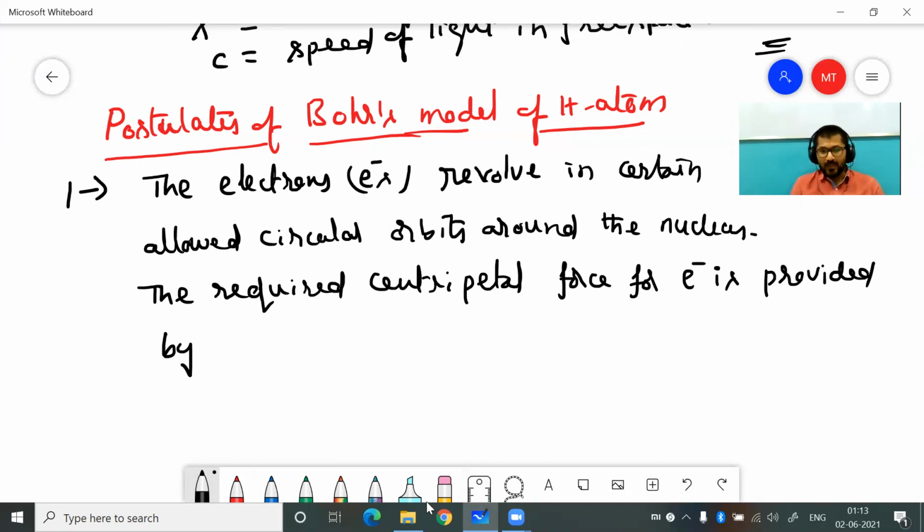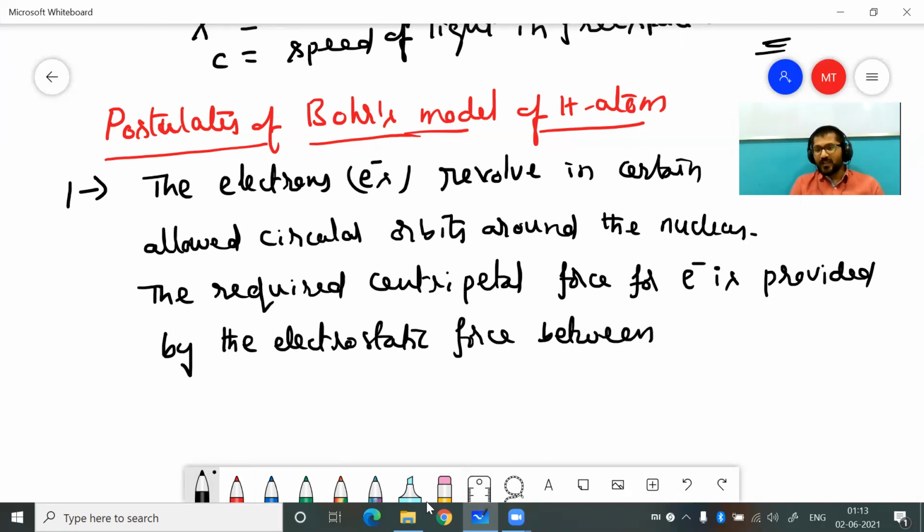It is provided by the electrostatic force of attraction, or simply you can say by the electrostatic force between the electron and the nucleus.